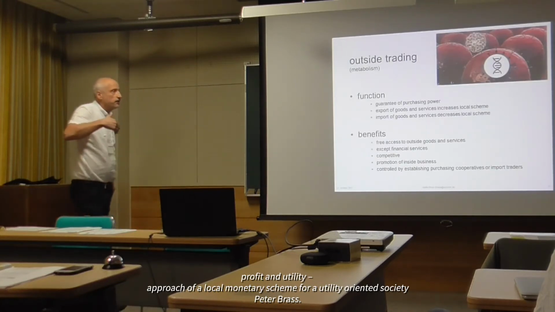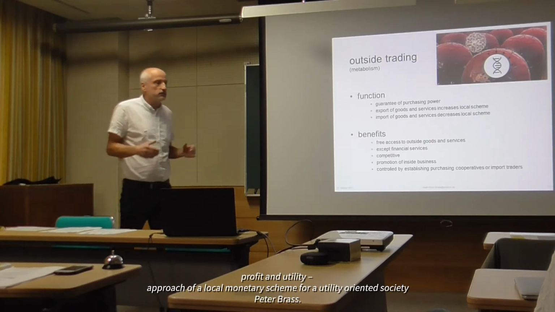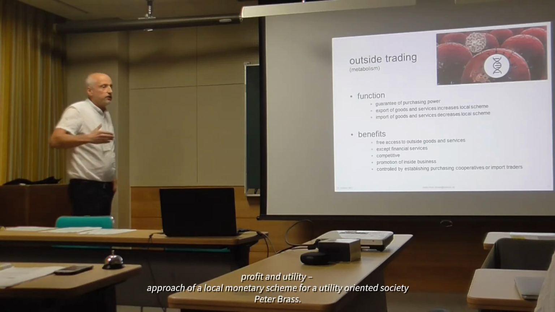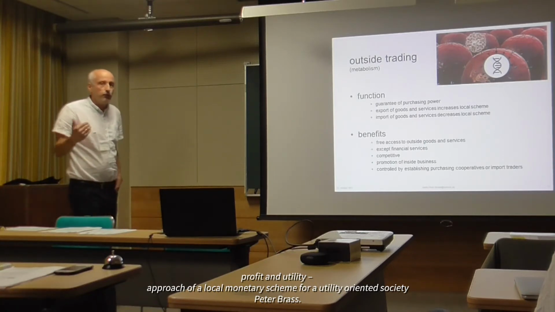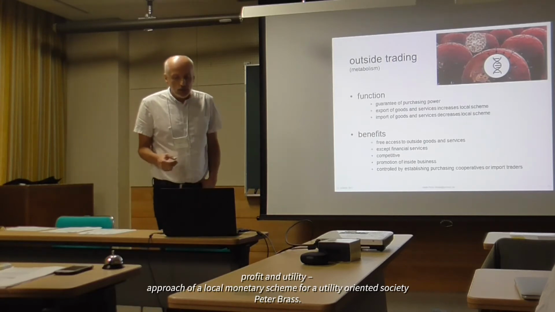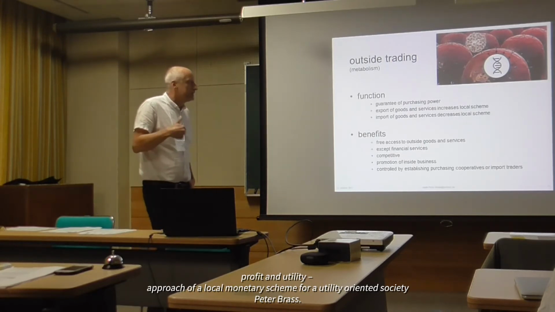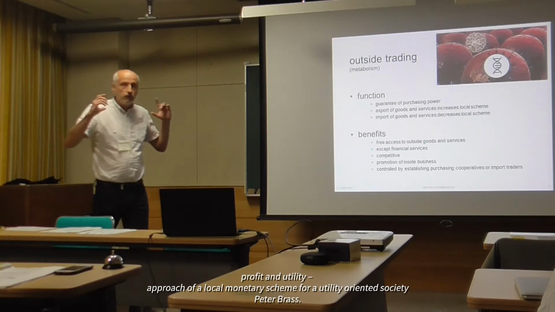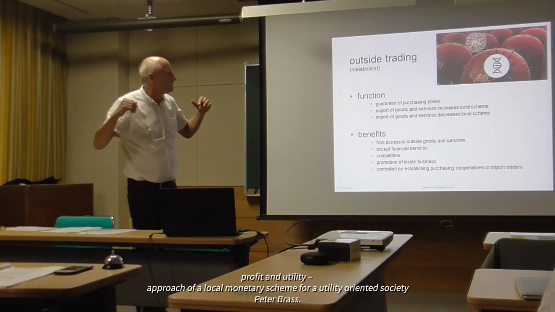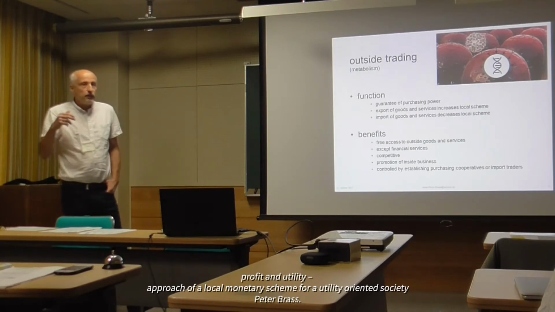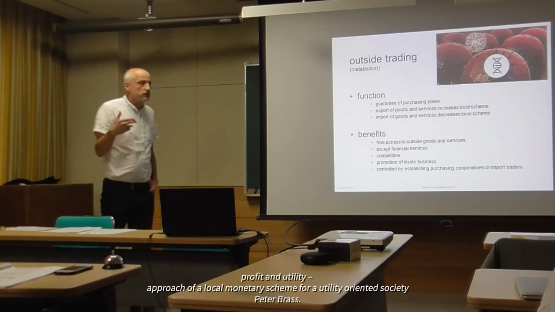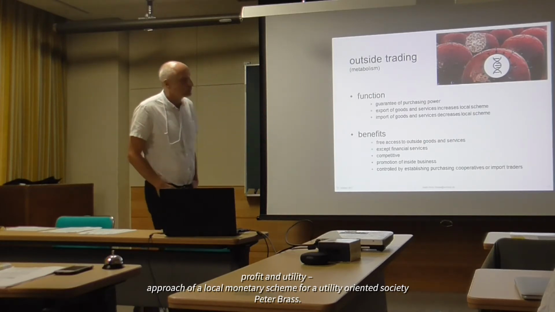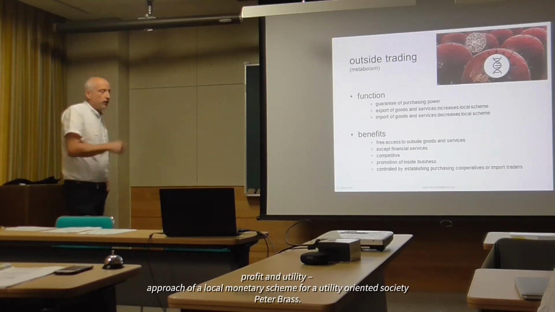So, back to the outside trading, the interaction between the inside and the outside markets, the exchange of goods and services, the metabolism. The main function of the outside trading rules is to guarantee purchasing power. So, if an insider sells goods and services onto the outside market, the volume of the inside scheme increases. It's an export. If the insider buys something on the outside markets, the volume of the scheme decreases. It's an import. So, what does purchasing power mean?